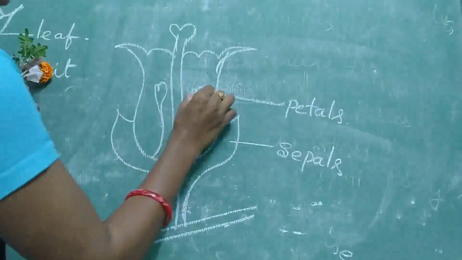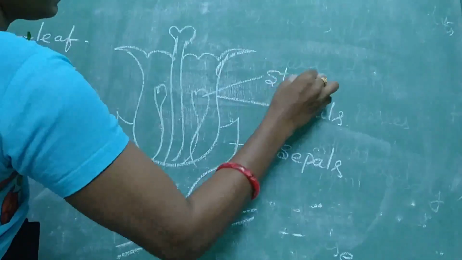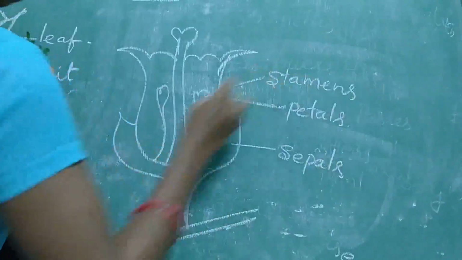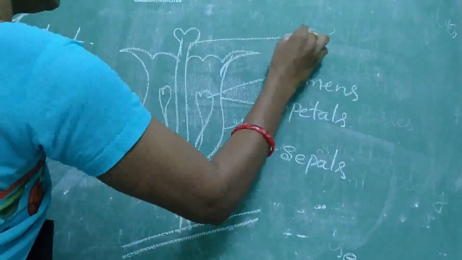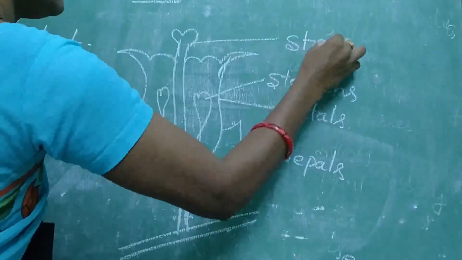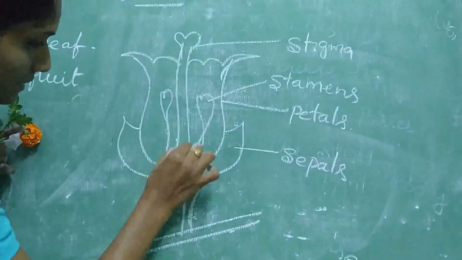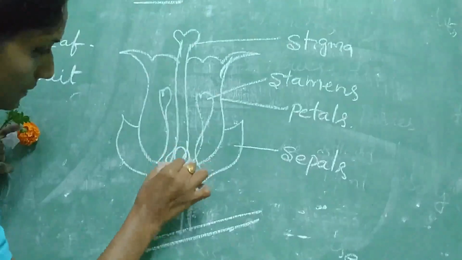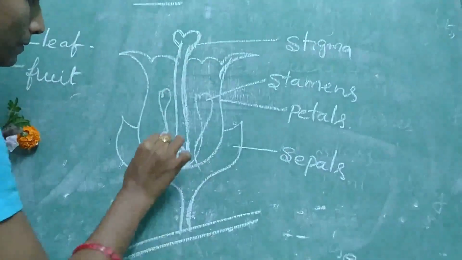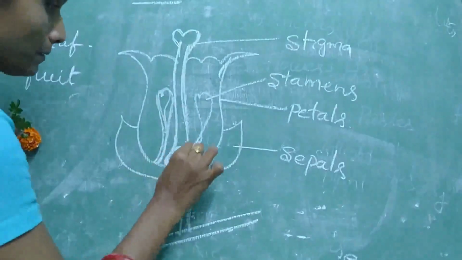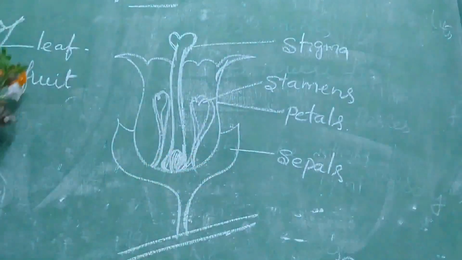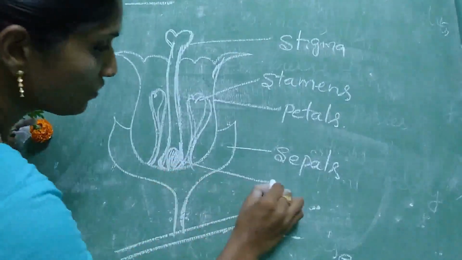The third part is stamens. The fourth part is stigma. And the fifth important part is ovary.